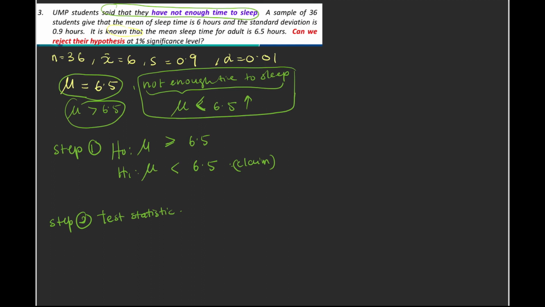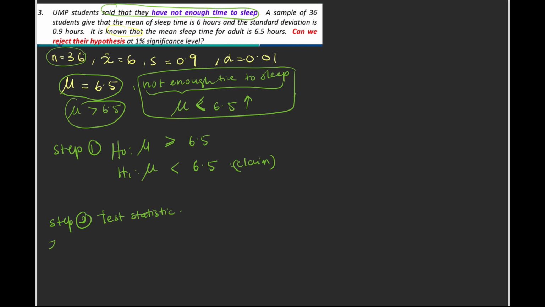Which formula do you want to use? Formula number 1, formula number 2, or formula number 3? Formula number 1, do we have any sigma? No, so you cannot use formula number 1. Formula number 2, look at the sample size. Is it greater than 30 or less than 30? 36 is greater, right? So you can use formula number 2.